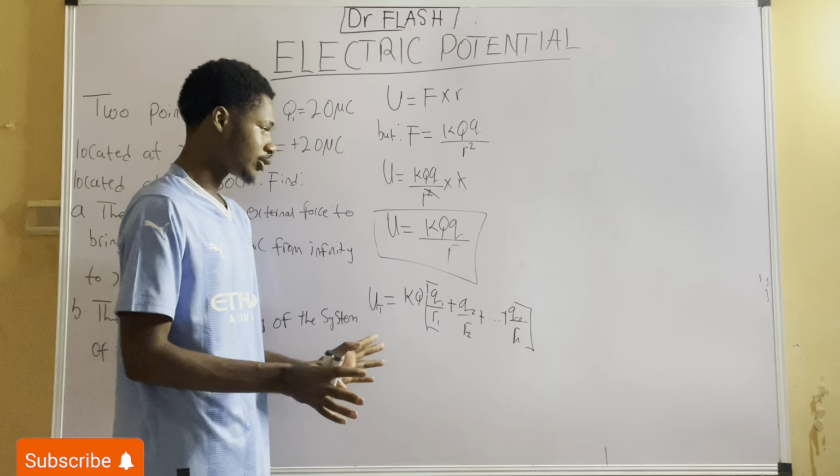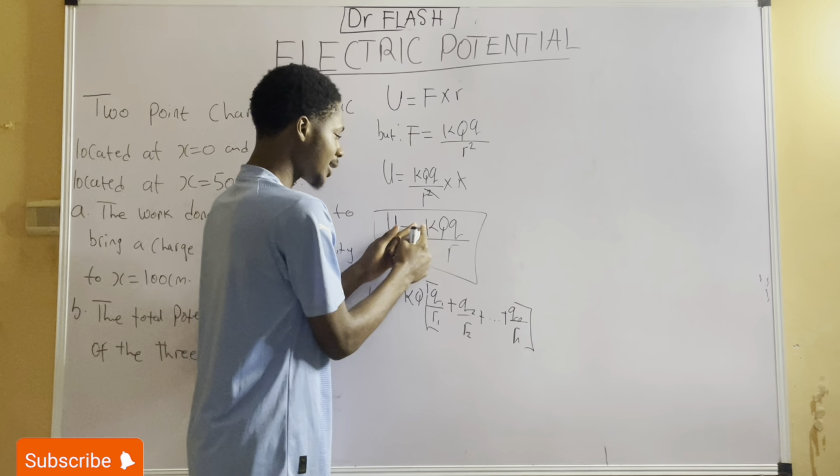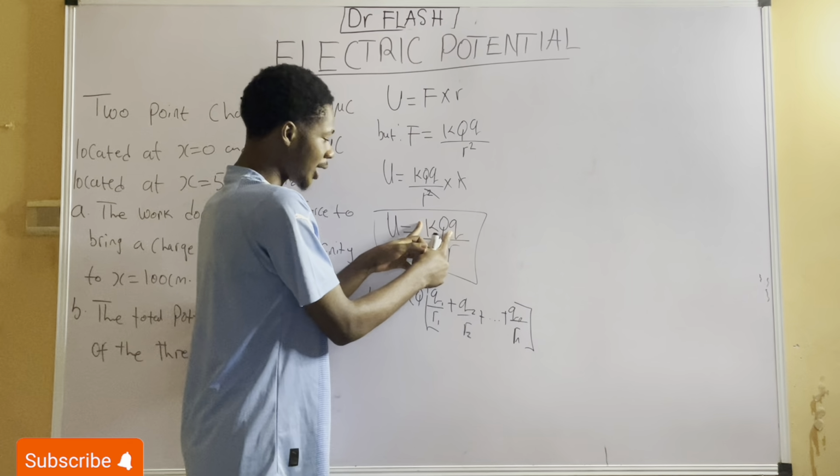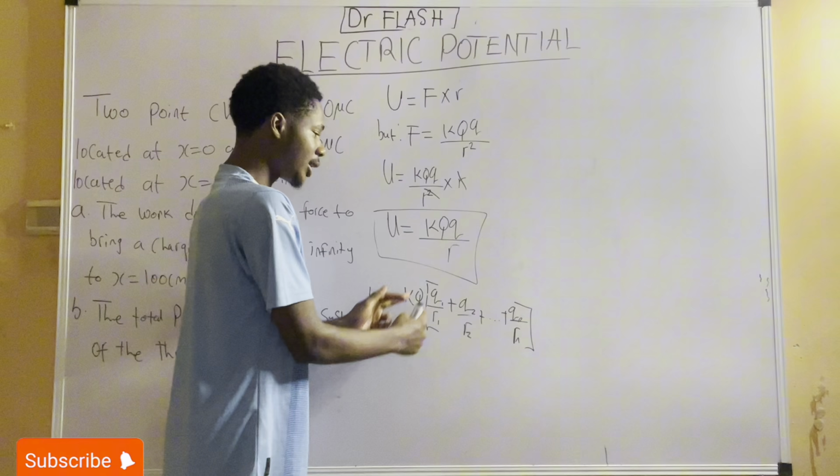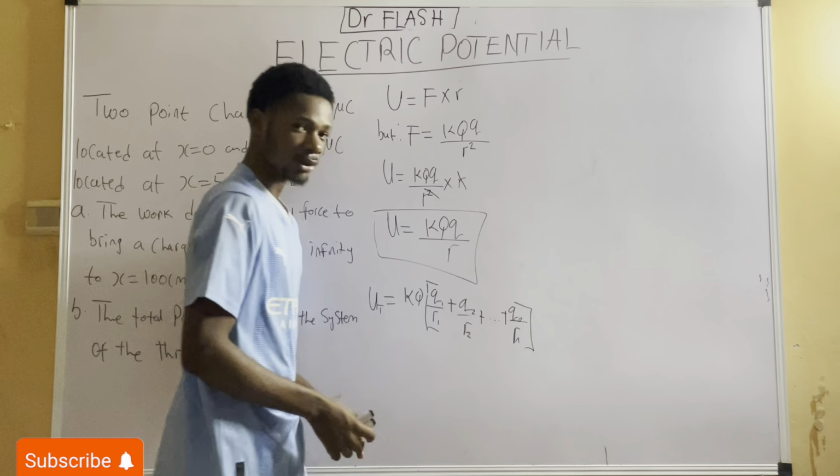So that is how it is being done. All you have to do is factorize out this kQ, which is the charge we're considering. It will be outside, and then we can have the other charges inside of the bracket, so it's that easy.